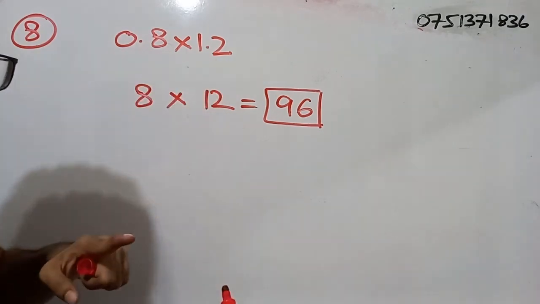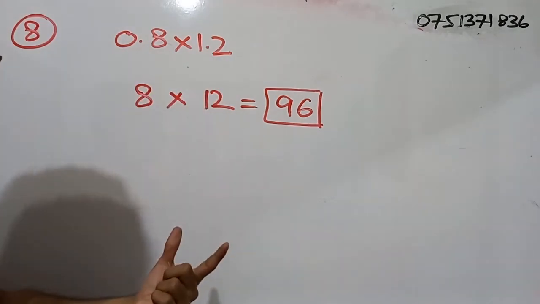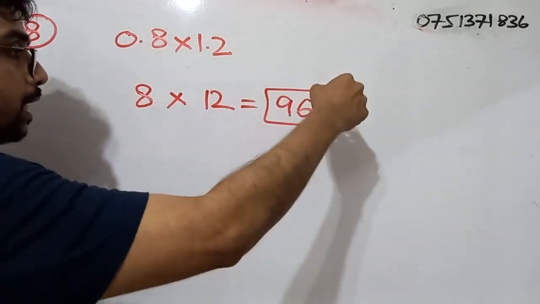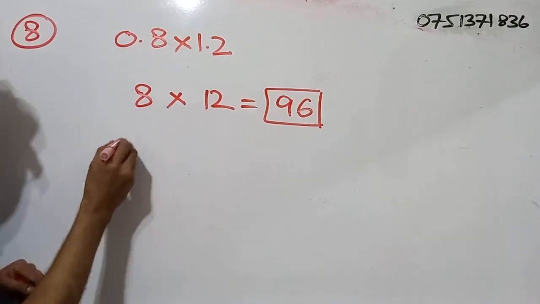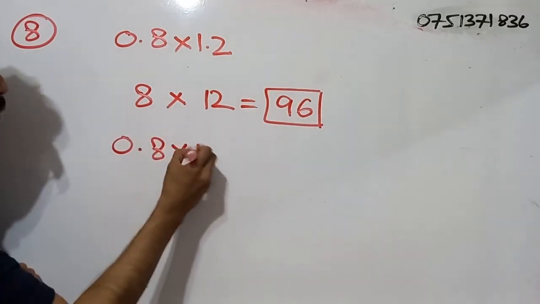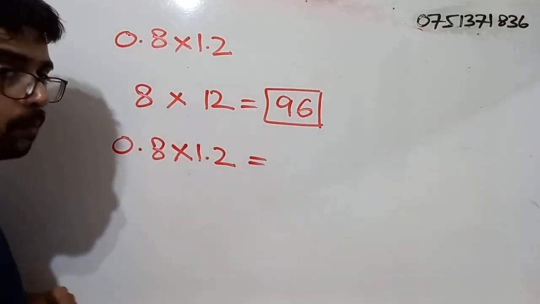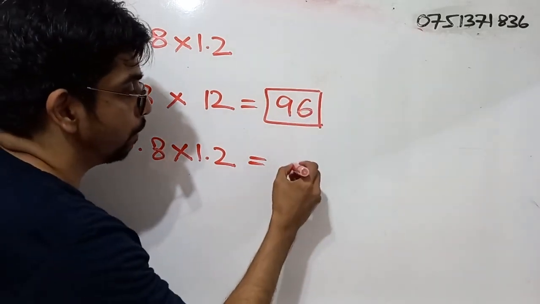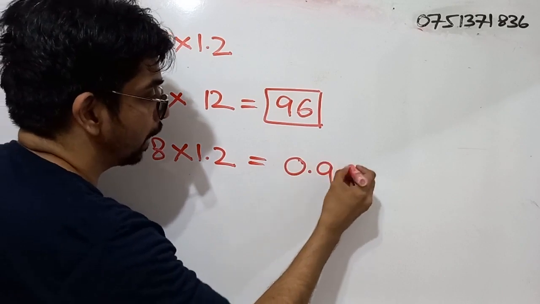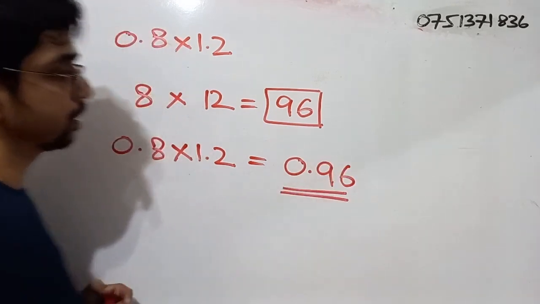So altogether, how many decimal places? 2 decimal places. So in order to get the correct answer, that means 0.8 into 1.2, how many decimal places should be there in the answer? 2. So this answer should be 0.96. That is the answer.